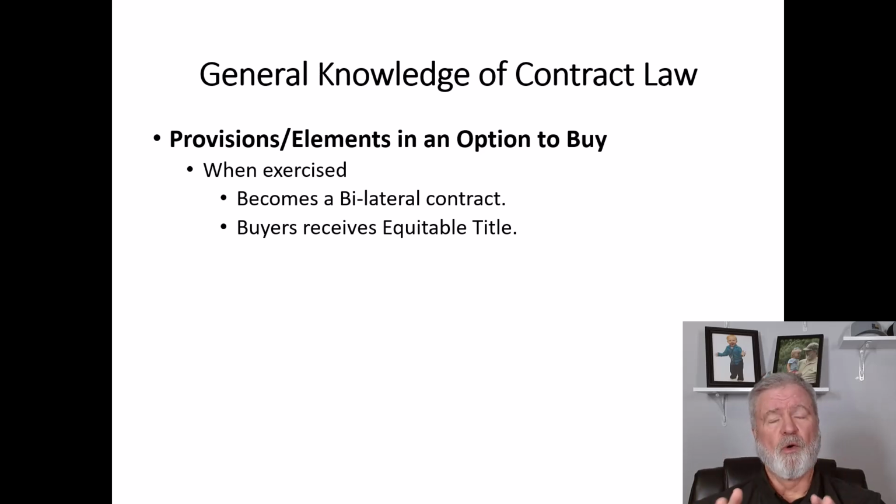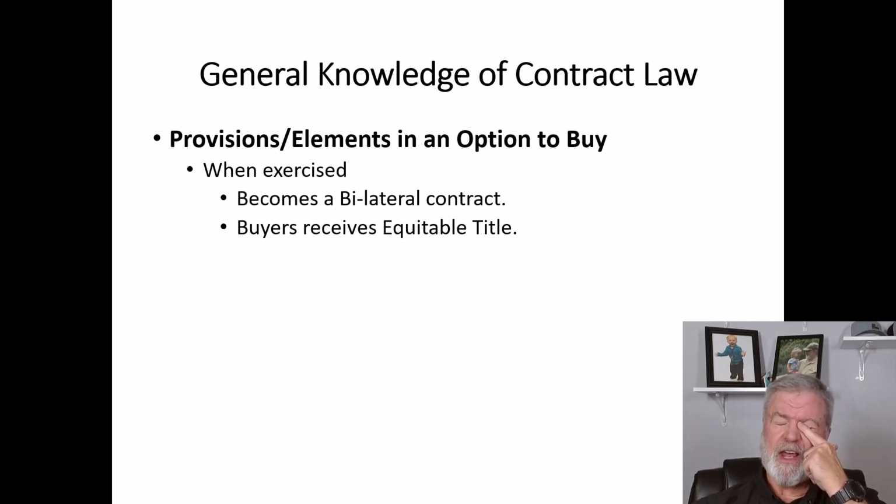Y'all be careful with this on the exam and for real world purposes for that matter. Y'all, if they ask you what type of contract is an option to buy, it's a unilateral contract. But if they state in the question what type of contract is an option to buy after the buyer has opted to buy or has exercised their option to buy, then at that point it's bilateral.